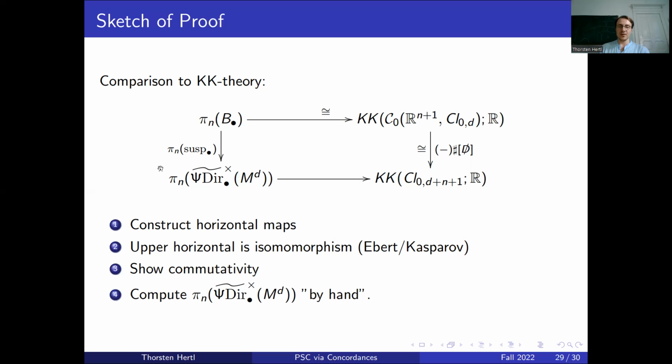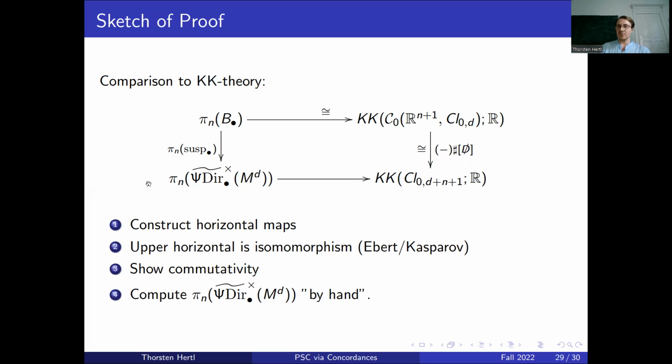And then we need to calculate these homotopy groups by hand. And if you do it, you will notice that this group here actually is the same as all the other three groups here, because these are, so to say, K-theory groups of a point.